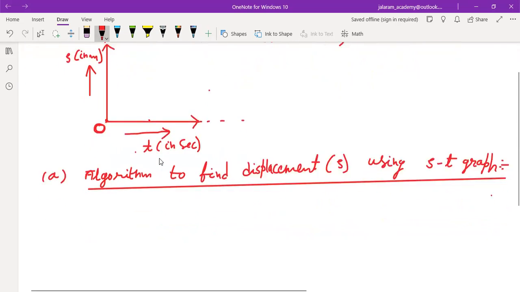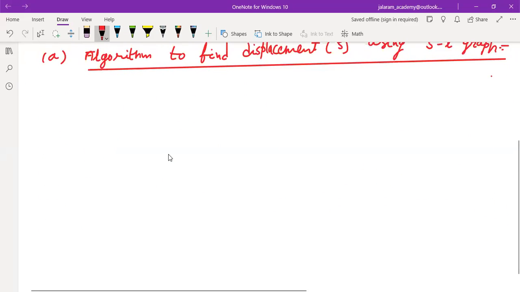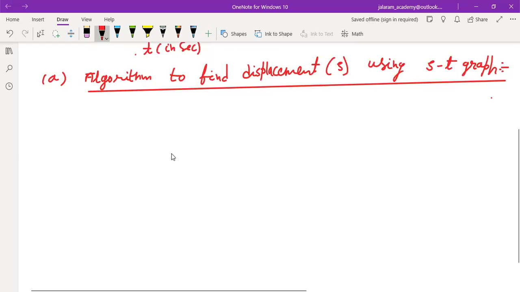So how to find displacement at a given time using the displacement time graph?